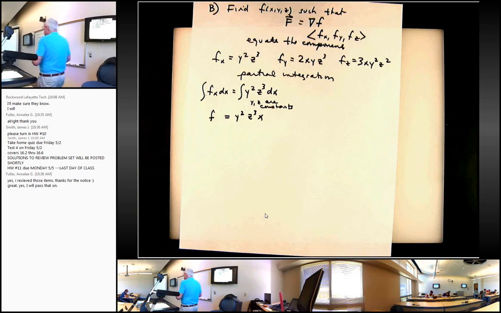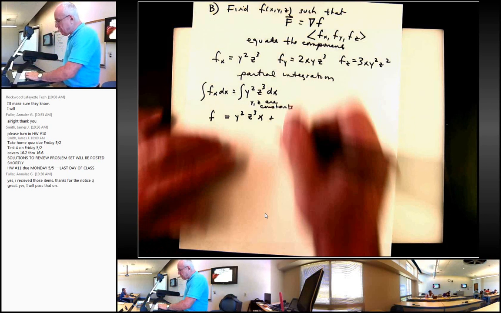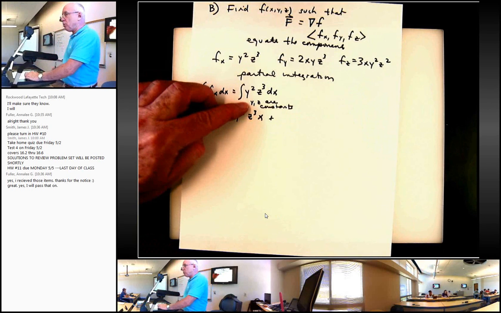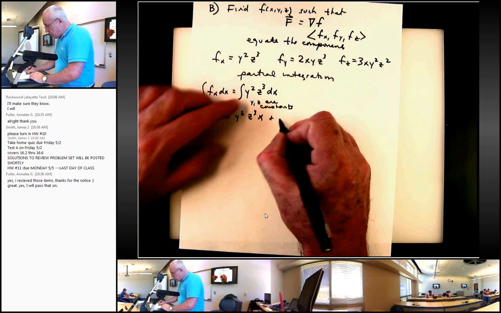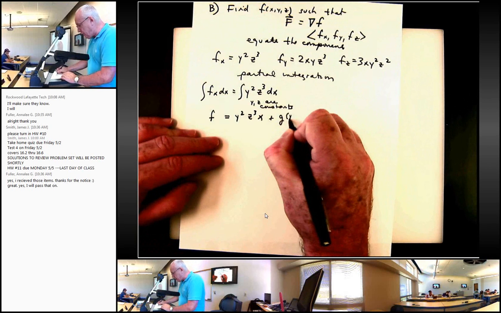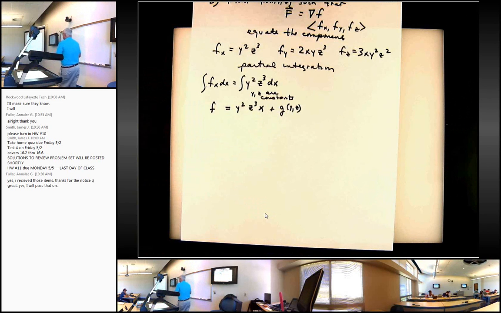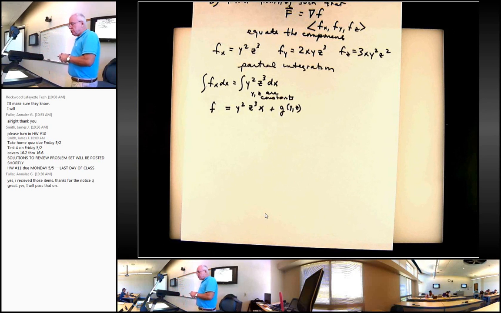Now, it's possible that what we could have in addition to this is a function just of y and z, which were considered as constants. So I'm going to say, okay, we could have a plus little g maybe of the variables y and z. That is a possibility. Now we're going to do the similar kind of thing with the other two.